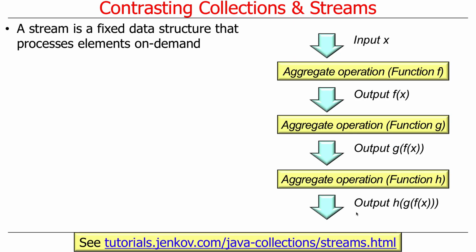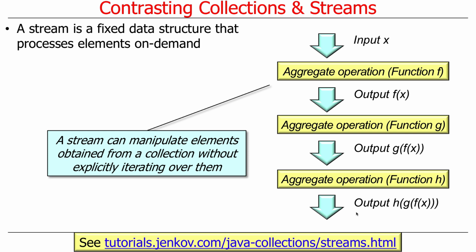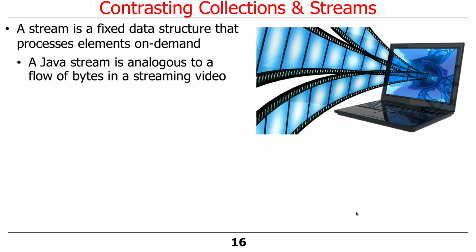In contrast, a stream is a data structure that processes elements on demand. And so you can manipulate the elements from a collection without explicitly iterating over them. That's the whole implicit iterator stuff that we just talked about a second ago. So from this point of view, a stream is more analogous to a flow of bytes in a streaming video, right?